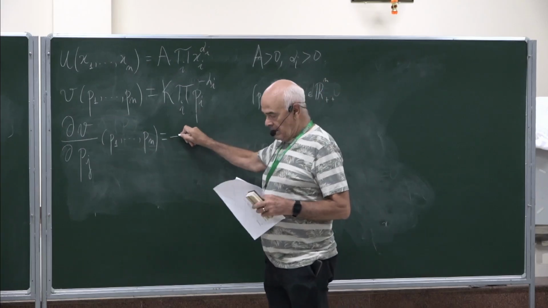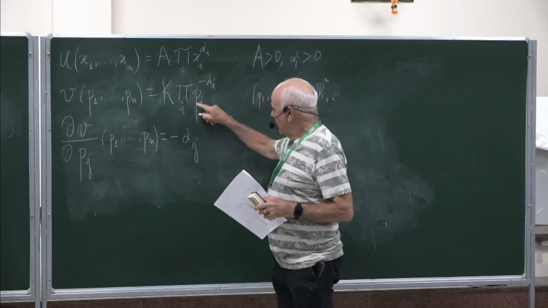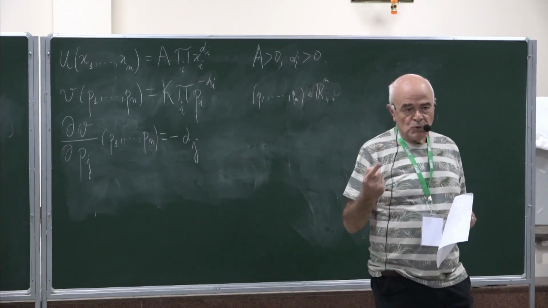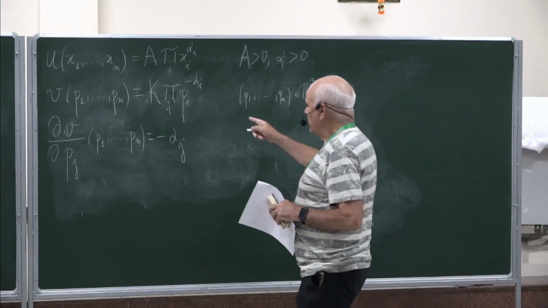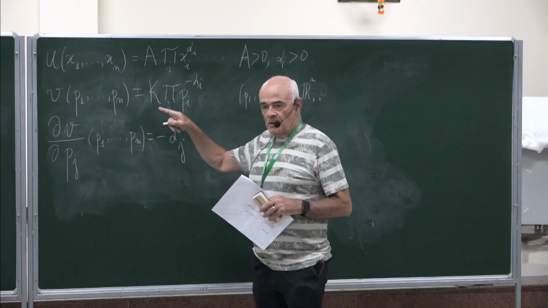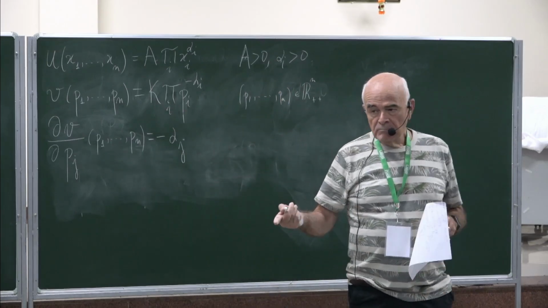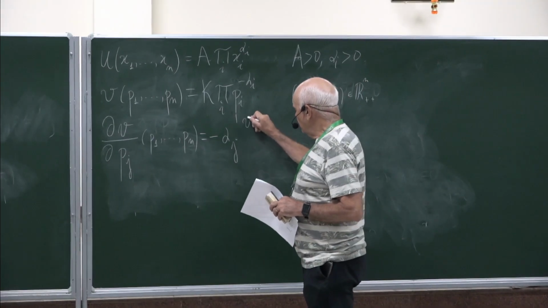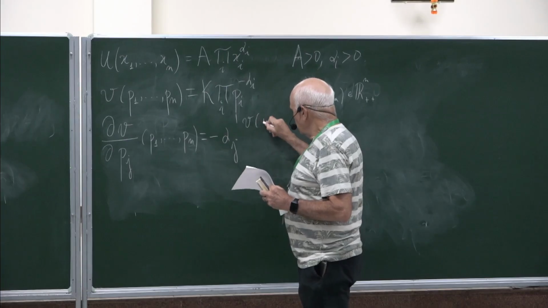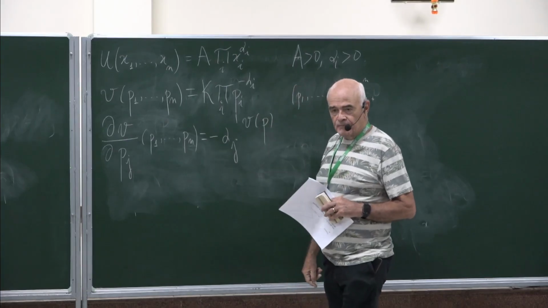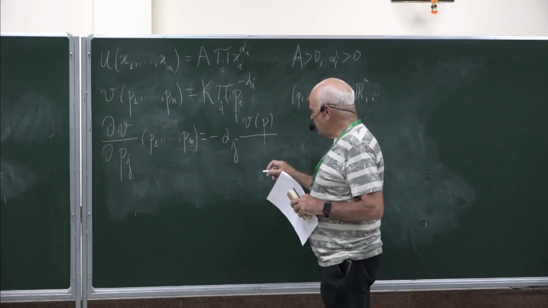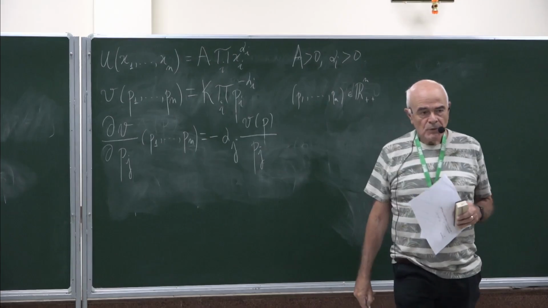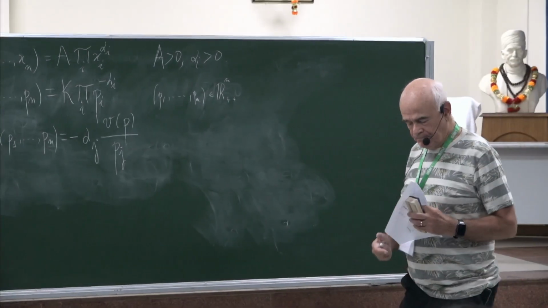We get minus alpha_j, and then the same, but with p_j with exponent minus alpha_j minus 1, which means we get the same expression, but divided by p_j. This is why I don't need k. So I can write now v of p, if you allow me, for the sake of brevity, divided by p_j. Do you agree?